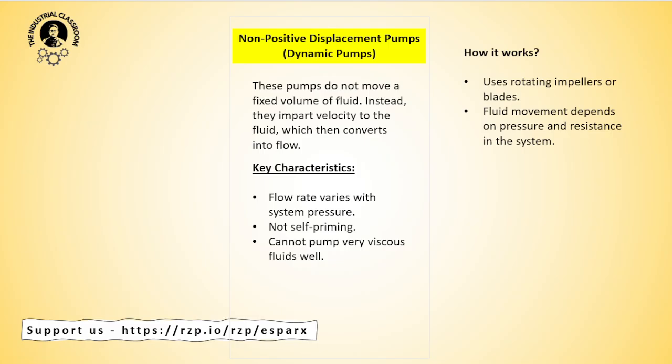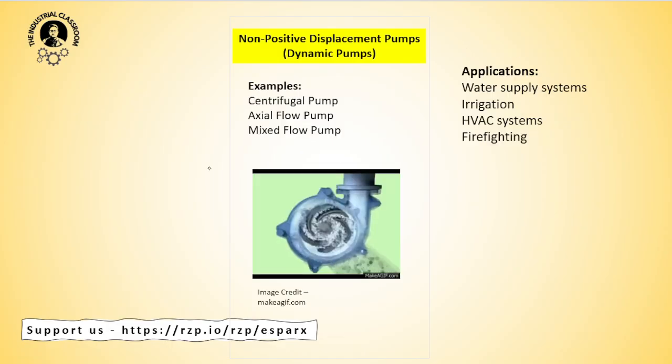Now coming to the non-positive displacement pump, here there are some losses with the flow, so the output cannot be determined. Okay, the flow rate varies with system pressure, and it is not self-priming, and the pump cannot pump very high viscous fluids. Okay, remember that it is opposite to the positive displacement pump. Here there are impeller blades, and the fluid movement depends on the pressure and resistance of the system.